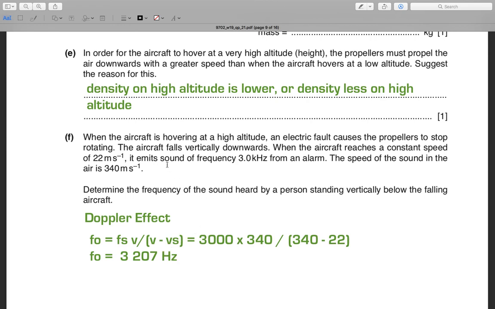Because the aircraft falls vertically downward, nearing the person standing vertically below. So we substitute 3 kilohertz as 3000 hertz, times 340 divided by 340 minus 22. After we calculate, we have 3207 hertz. Yes, this is the frequency of the sound heard by a person standing vertically below the falling aircraft.